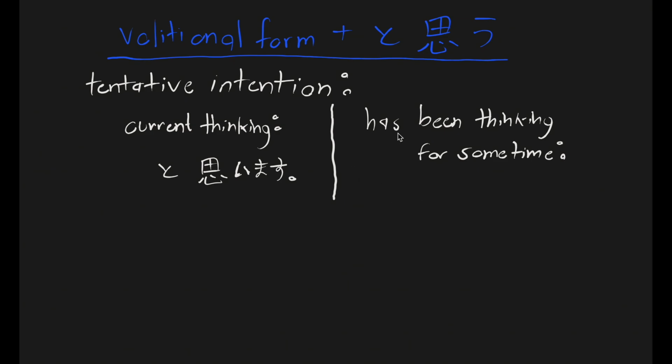So, how would you do this? You go to omotte imasu. So if you want to say that you've been thinking about it for a long time, you go to omotte imasu. If you're doing a current thinking, it'd be to omoimasu.